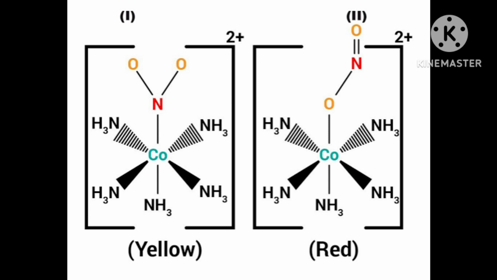This is the anion. The central metal ion is ferrous. 2 ammonia is there, NH3 whole 2, and 4 cyanide is there, total 6. 4 cyanide, CN whole 4, outside 1 minus. Then you have to draw the structure of geometrical isomers.